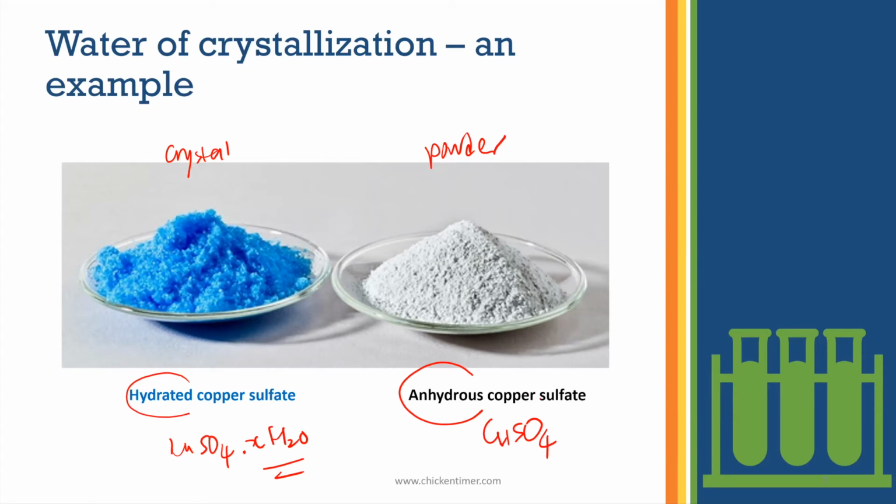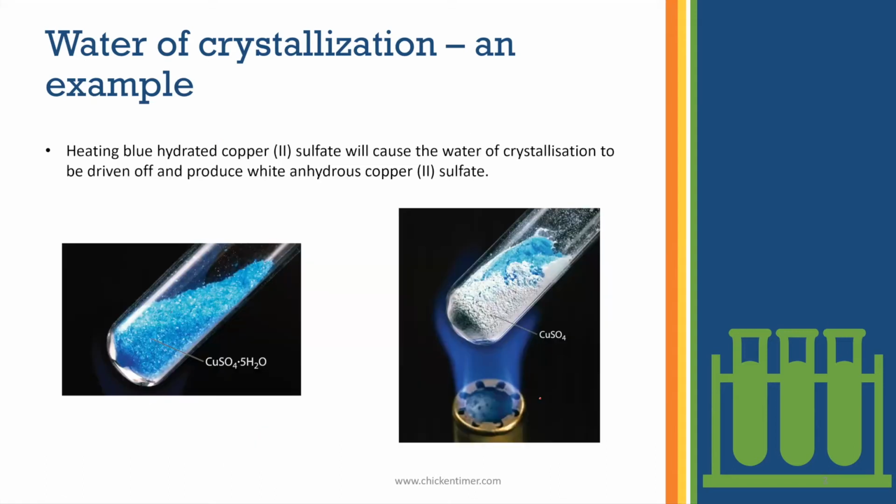There are experiments to show that this process is reversible. You can add water to anhydrous copper sulfate, and it will become blue again. So it has become a test for water using anhydrous copper sulfate. But I don't think it's in the syllabus, so it's just additional info.